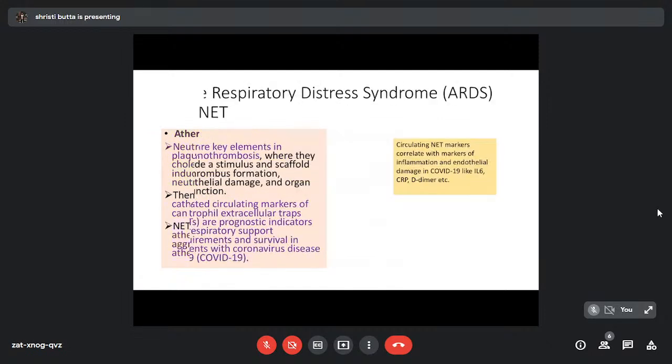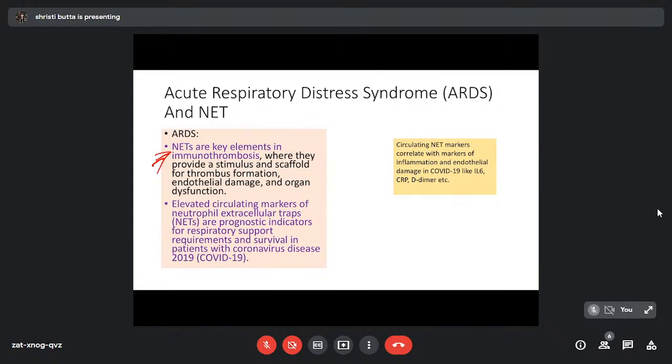Now coming to acute respiratory distress syndrome and NET. Now this ARDS and COVID-19 SARS-CoV-2, we've been hearing about COVID for around 2 years. So what is the implication of NET in COVID now? In ARDS, NETs are the key elements in immune thrombosis, where they provide a stimulus and a scaffold for thrombus formation, endothelial damage, and organ dysfunction.